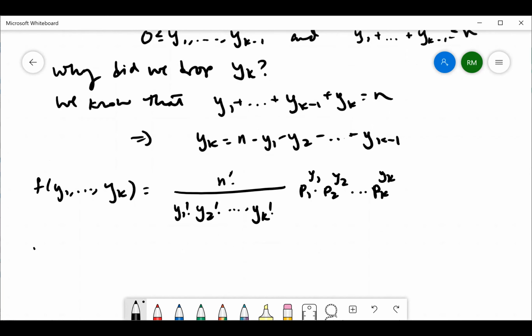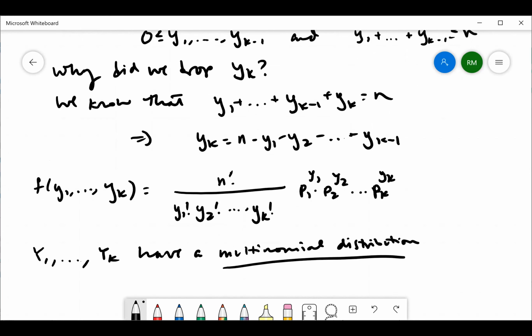And we say that Y1 through Yk have a multinomial distribution with parameters n and p1 through pk.